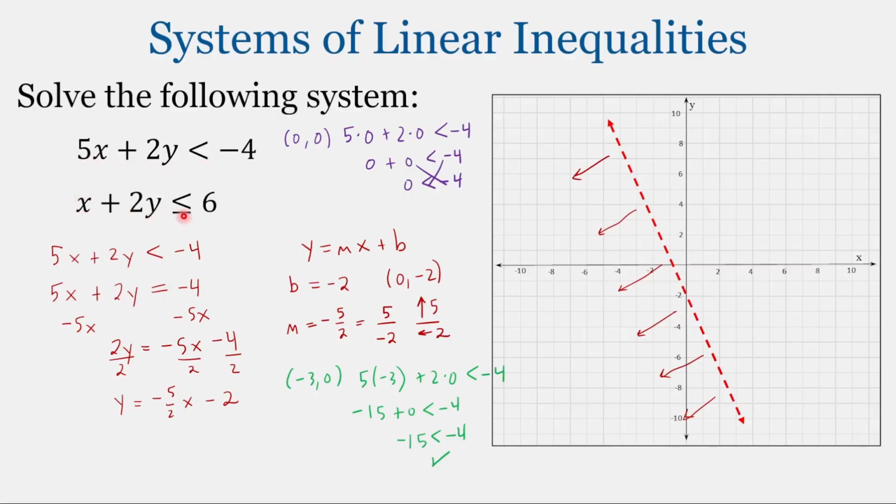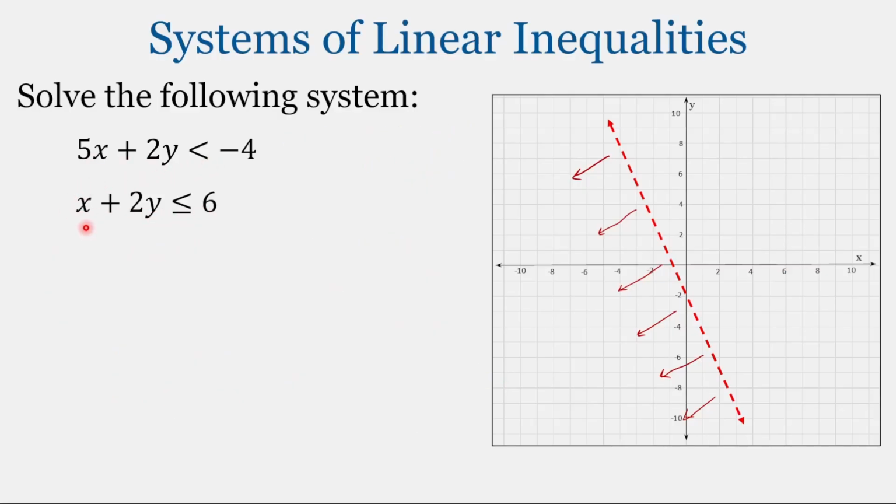Now let's graph our second inequality. So we have x plus 2y less than or equal to 6. Let's start with graphing this boundary line. With our boundary line, we're going to replace that inequality sign with an equal sign. So we have x plus 2y equal to 6.